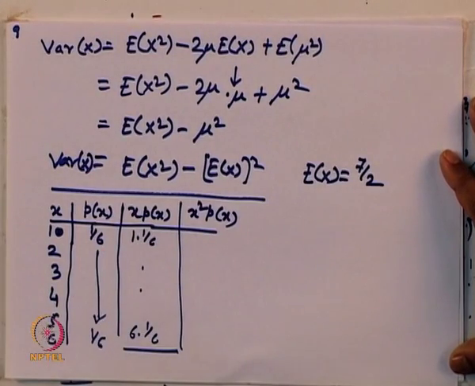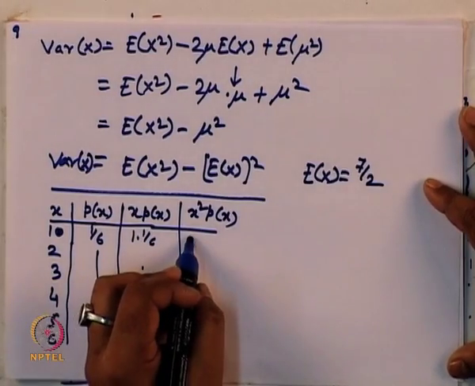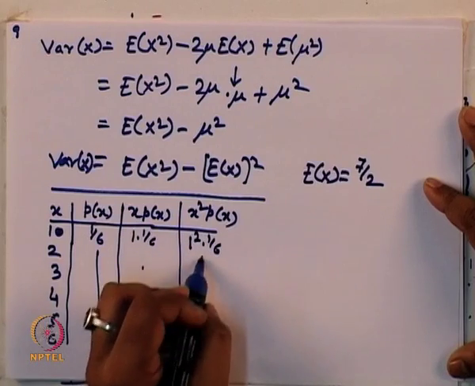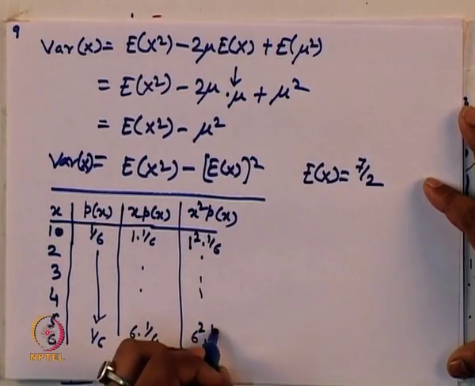Let us calculate the value of x square p(x): it is 1 square times 1 by 6, up to 6 square times 1 by 6.